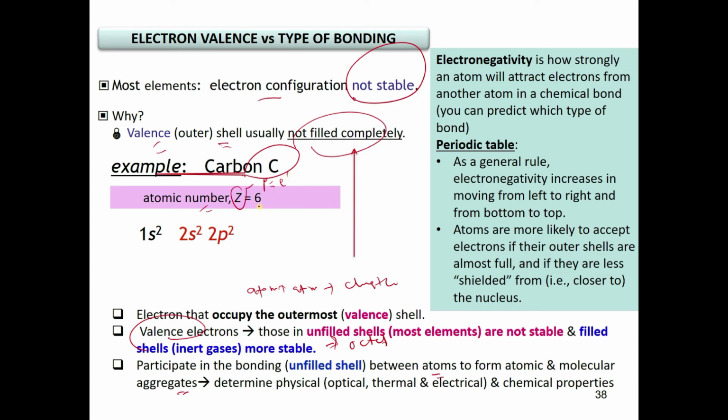So with 6 electrons, it fills the 1s2 orbital first, followed by 2s2, 2p2. But remember that the p subshell has 3 energy states. So when you only have 2 electrons, it still has empty states to fill with electrons. So it needs another 4 electrons for the atom to reach the octet.